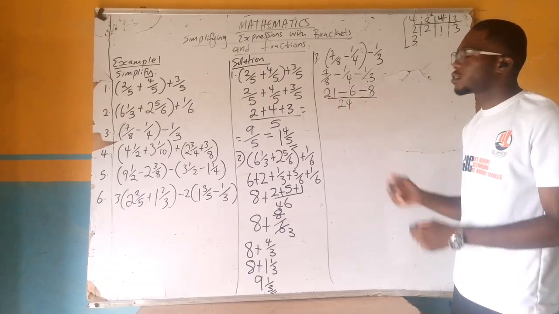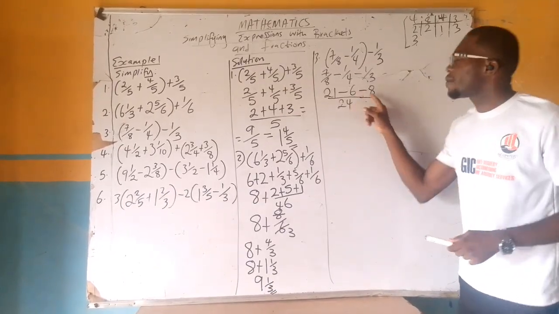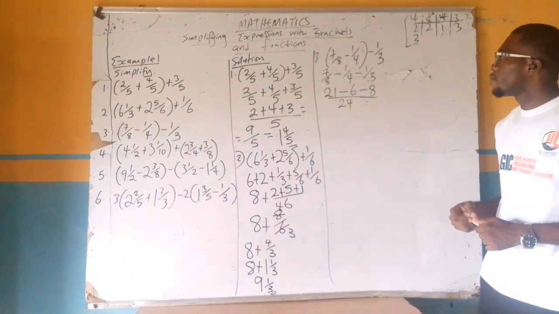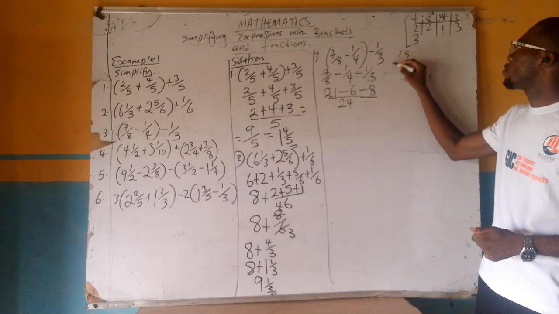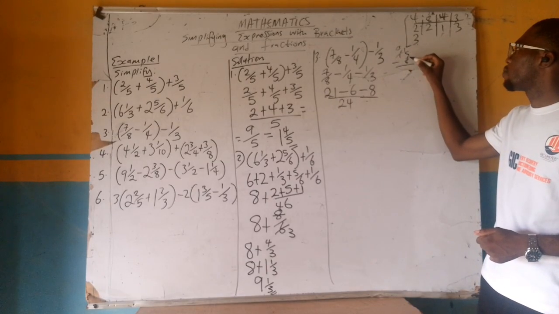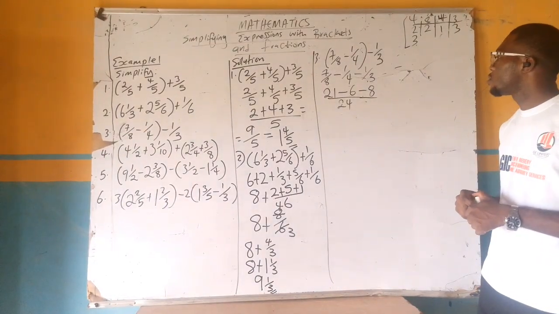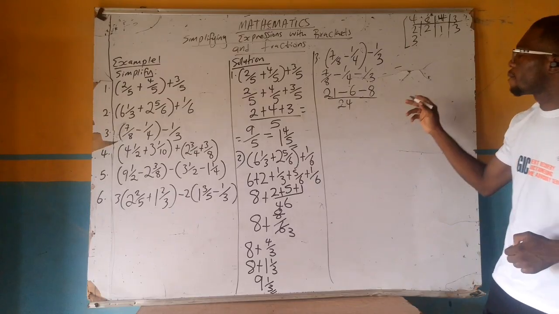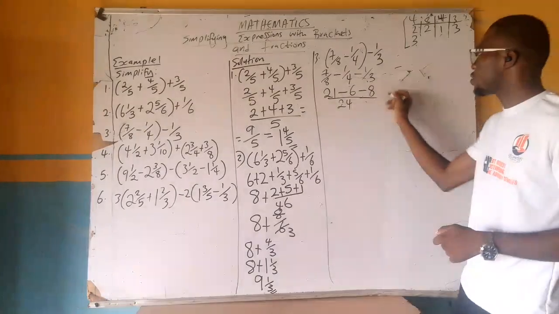So we have to subtract this, then we get our answer. Then 21 minus 6 will give us 15. 15 minus 8 is 7.